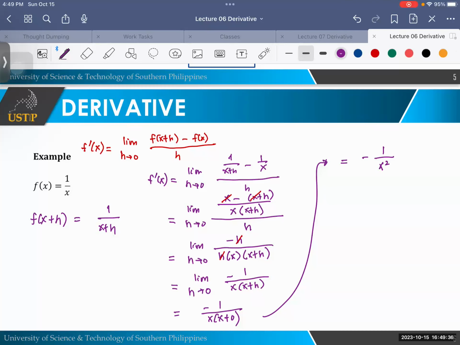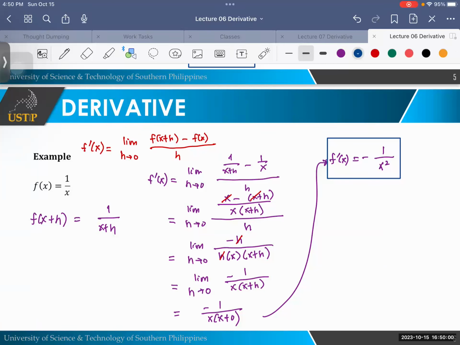Okay? So, this is now your f prime of x. Again, the answer is not necessarily a constant always. It could be an equation or a function. Okay, that's for 1 over x.